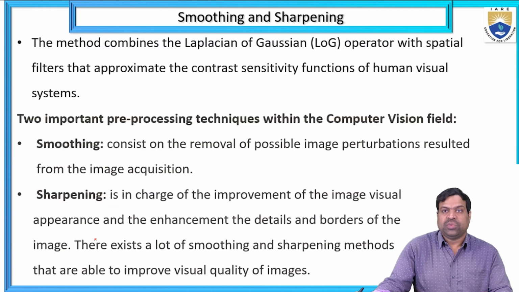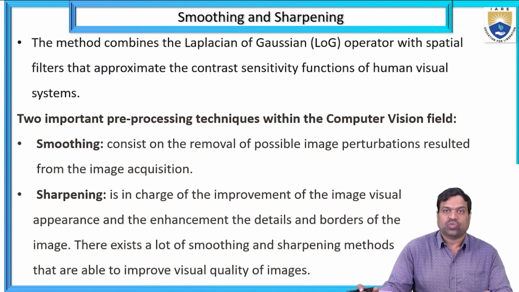This method combines a Laplacian or Gaussian transformation or operator with spatial filters that approximate the contrast sensitivity functions of the human visual system. So what are the two important pre-processing techniques in the computer vision field or in the image? It is our topic.